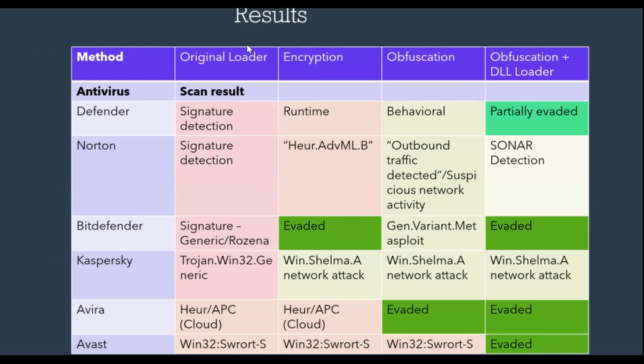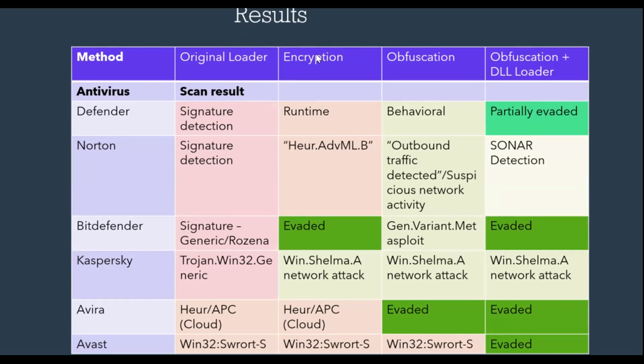The original loader, just loading the shellcode into memory and not making any real attempts to evade antivirus tools, was detected by all 6 of the antivirus tools, which was expected, since these are the 6 that are able to detect basically the most.